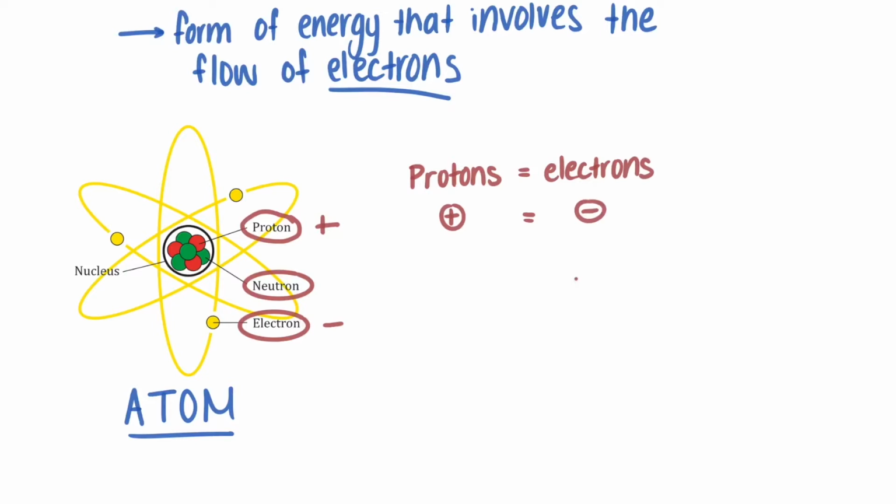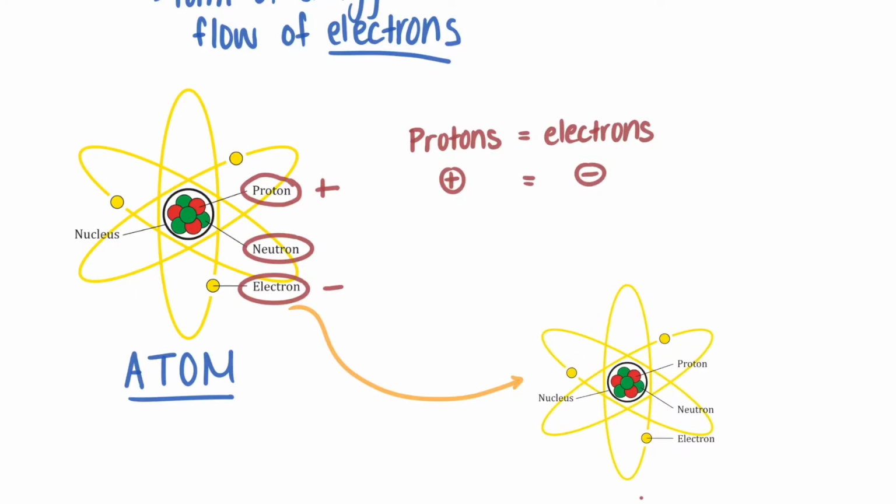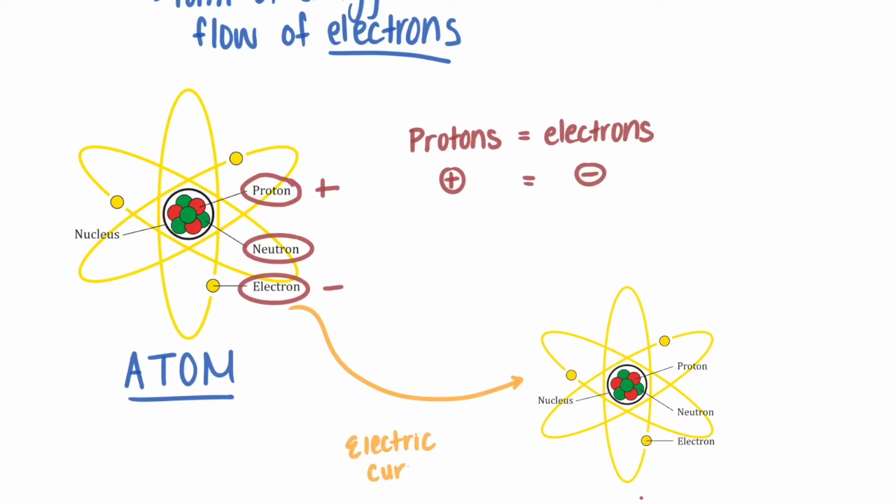But sometimes when there's an outside force, the balance is destroyed and the atom might lose or gain electrons. When atoms lose electrons, the electrons can start jumping to another atom. And this free movement of electrons is what causes an electric current.